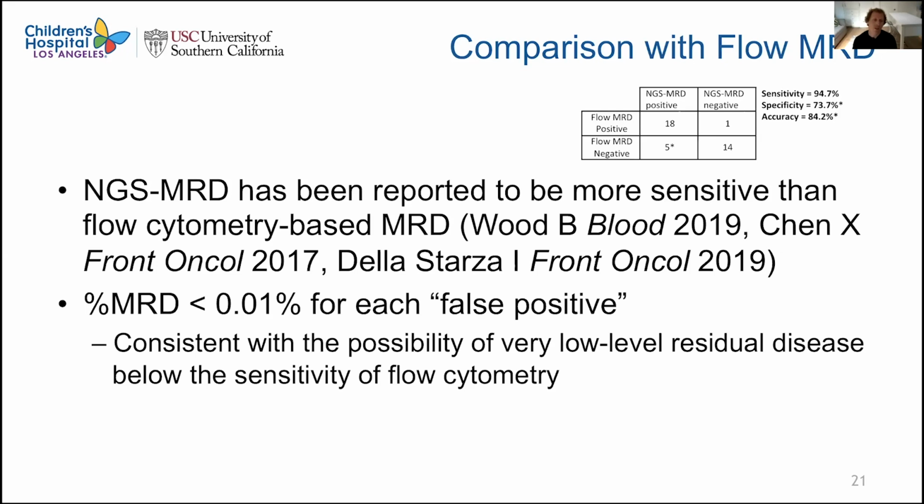So this is consistent with the possibility that we're seeing true but very low level residual disease that's below the sensitivity of flow. But the significance of that, at least at this time, isn't totally clear. There hasn't been extensive follow-up on these patients, but none of them have relapsed yet or become positive by flow MRD. So we'll have to wait and see.